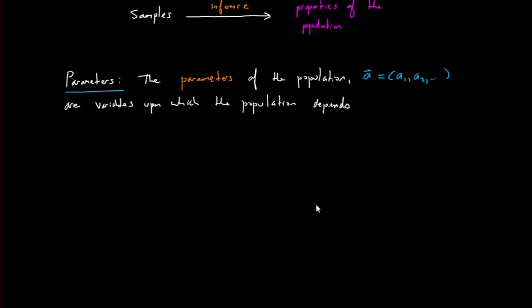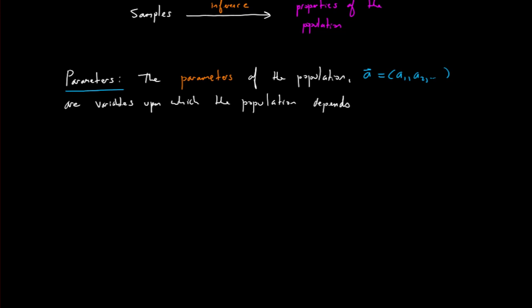In the context of statistical inference, we really do like to make this dependence very explicit. We want to write the population in a way that shows it depends on these parameters and not just the samples.